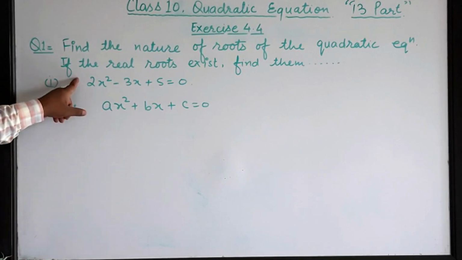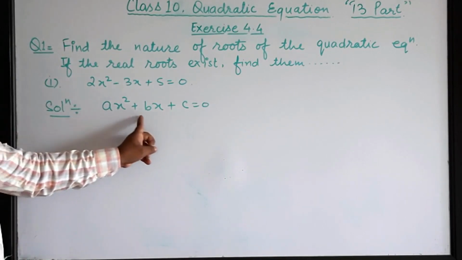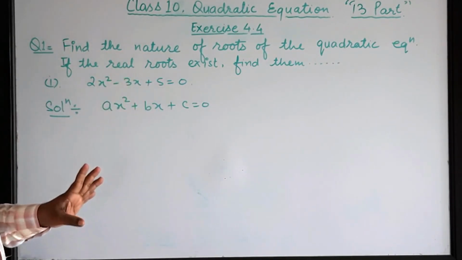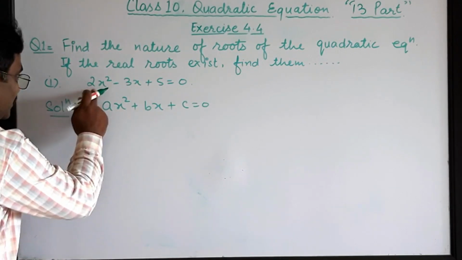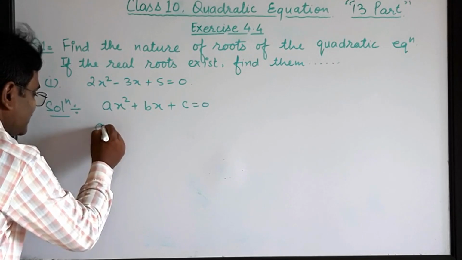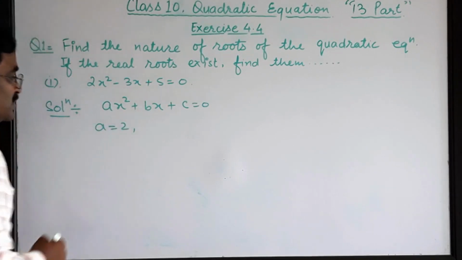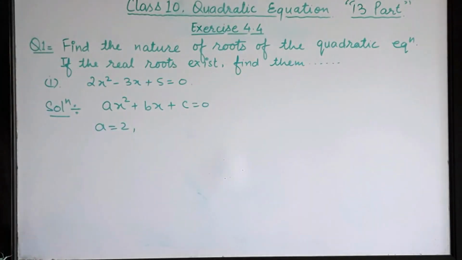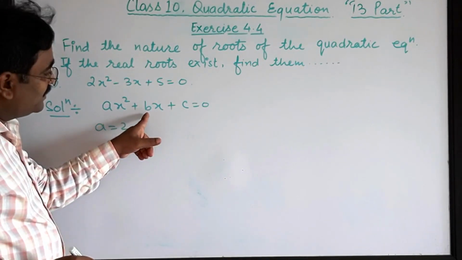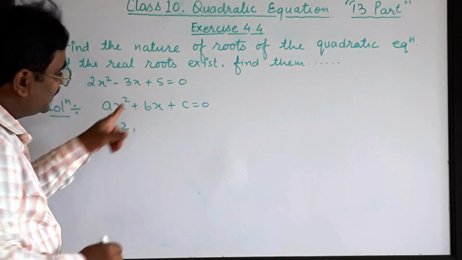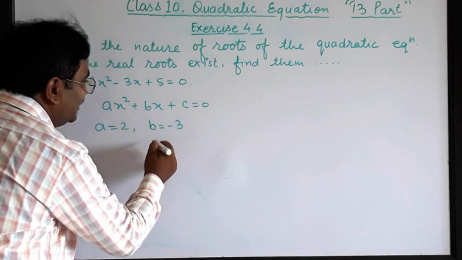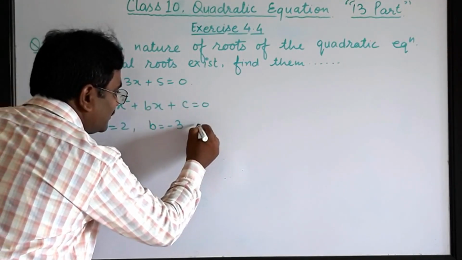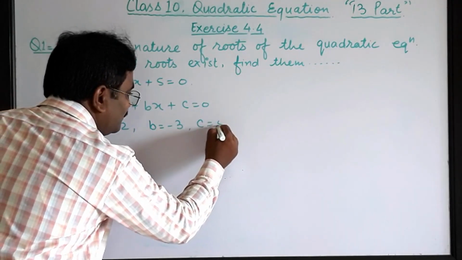After comparing, you have to find out the values of a, b and c. a is the coefficient of x square, so here a is 2. Afterwards b is the coefficient of x, so b is equal to minus 3, and c is the constant term, so c is equal to 5.